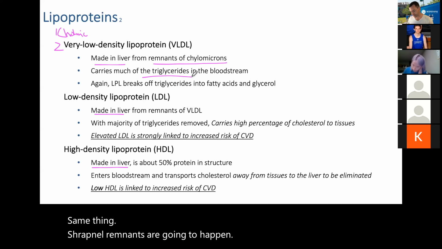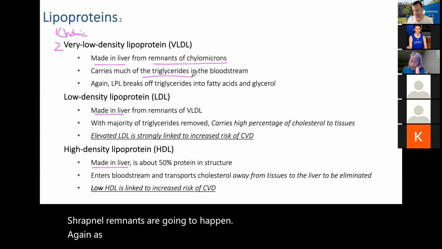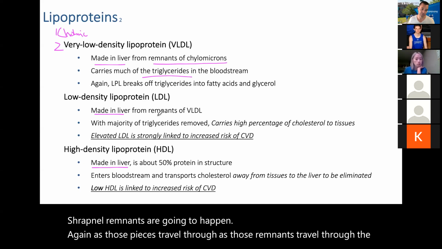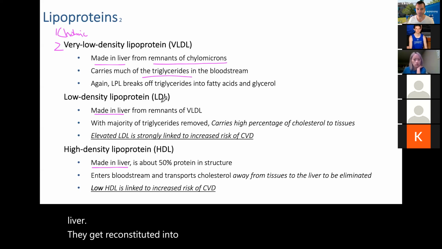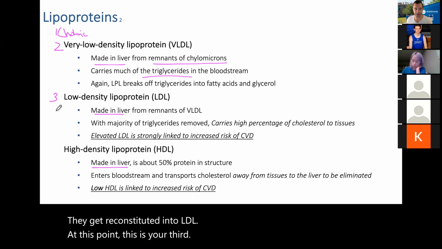Again, as those pieces travel through the liver, they get reconstituted into LDL. At this point, this is your third. And from a bad fat standpoint, now we're at it.